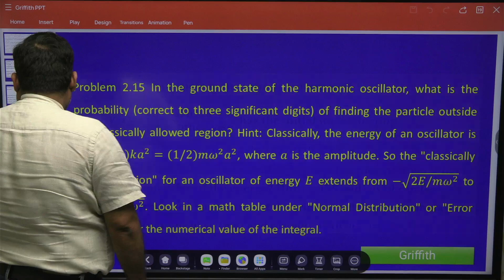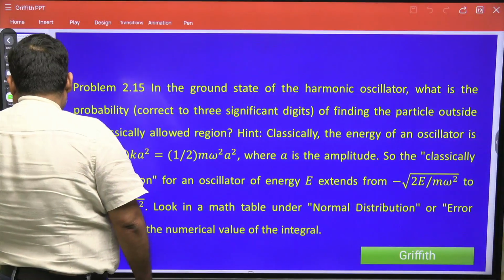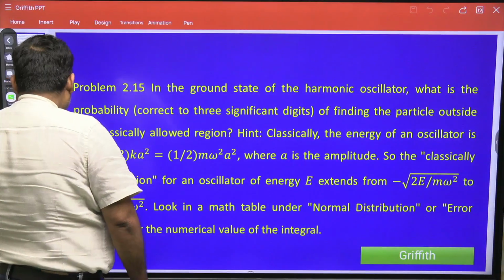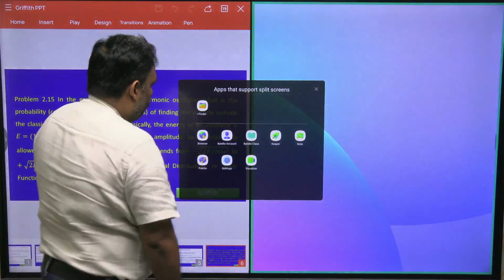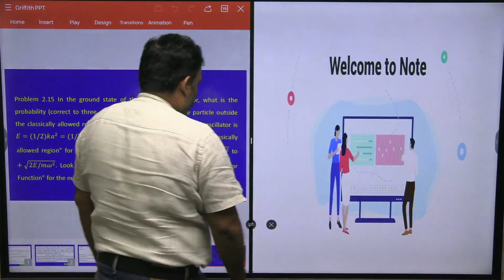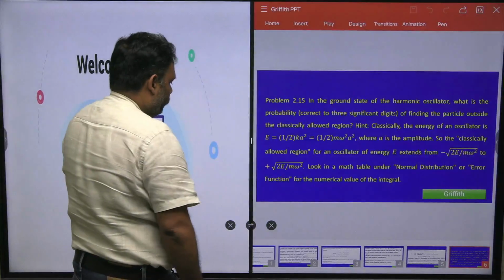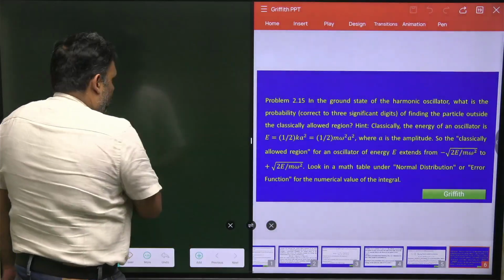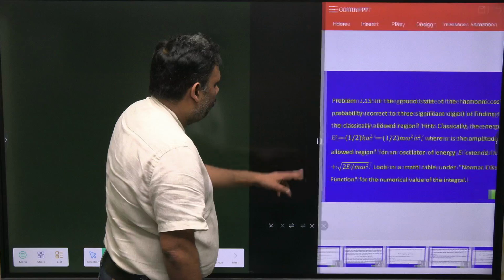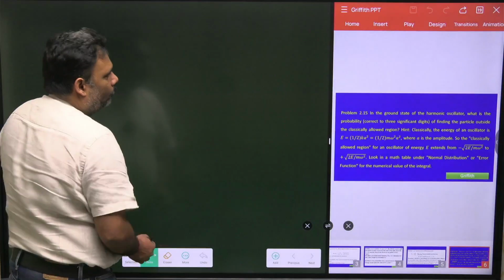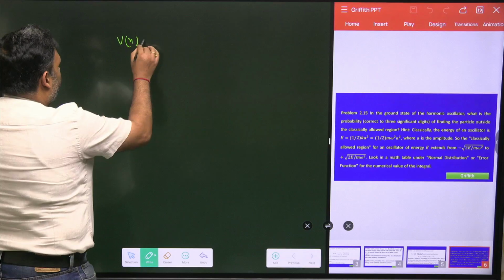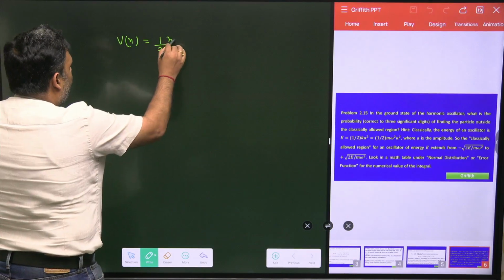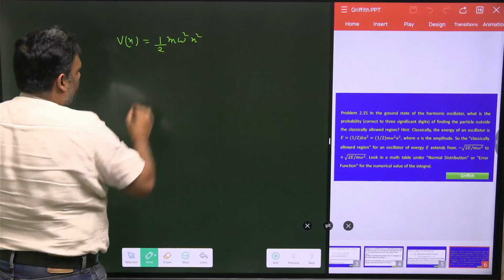So let us go for this one. The potential is simply half m omega square x square.